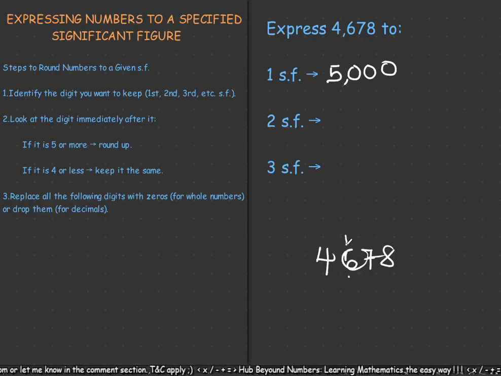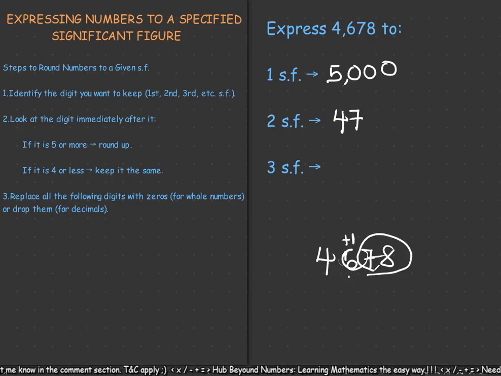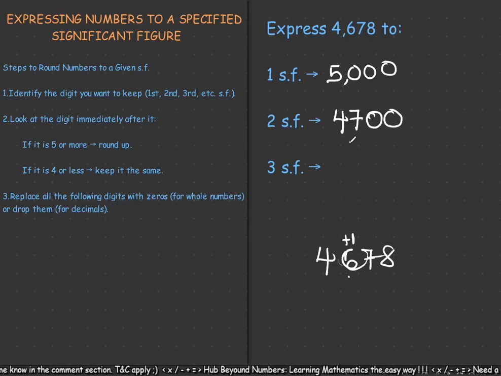Hence, we are allowed to add 1 to this over here, so that it becomes 7. So instead of 4,600, we have 4,700. Then the remaining here, we change them to what? Zeros. So it becomes 4,700. And that is it in two significant figures.